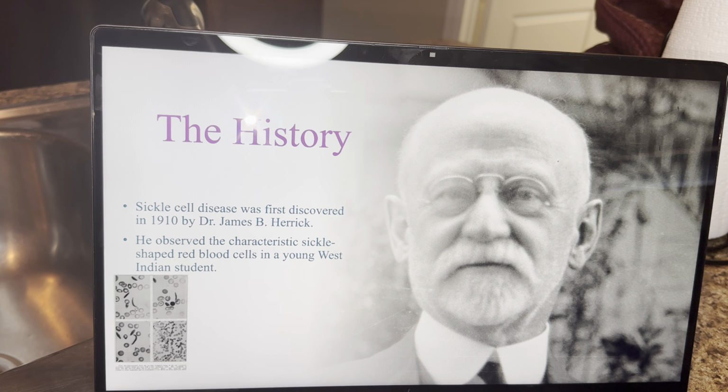So I want to talk about the history of sickle cell anemia. Sickle cell disease was initially discovered by Dr. James B. Herrick, who I have pictured to the right of the slide. He observed the characteristic sickle-shaped red blood cells in a young West Indian student in the early 1900s.